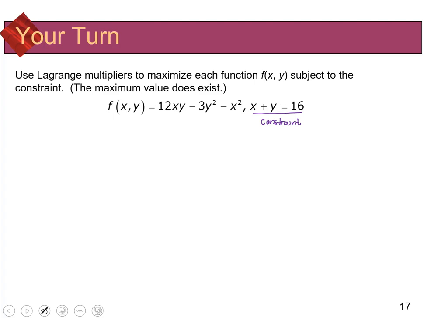And here they are telling you that the maximum value does exist. So if you find a critical point, it should by logic be the maximum. So go through the steps to figure out what that is using Lagrange multipliers and present your answer at this point.